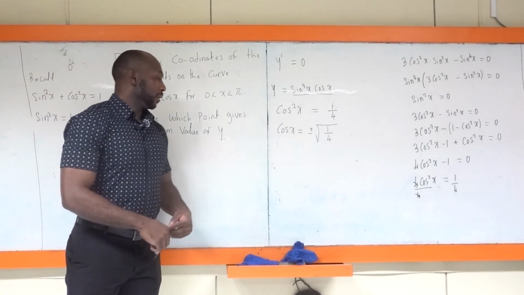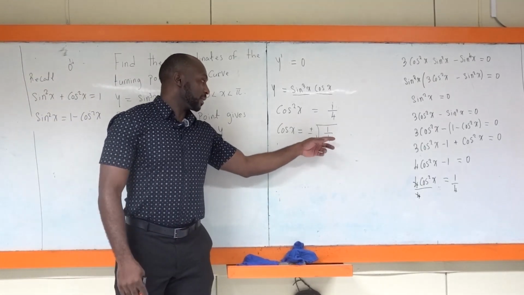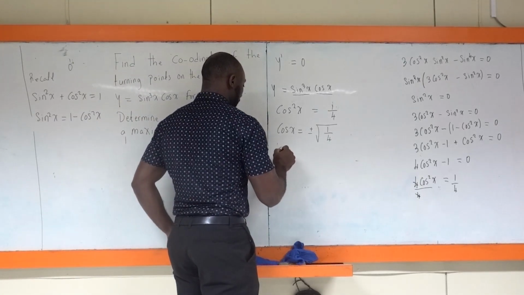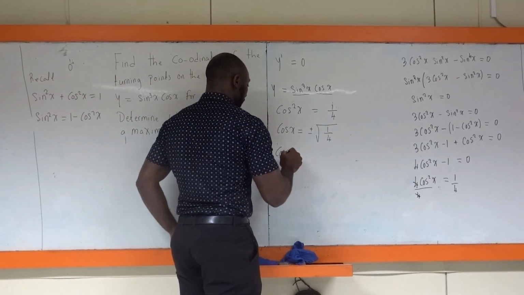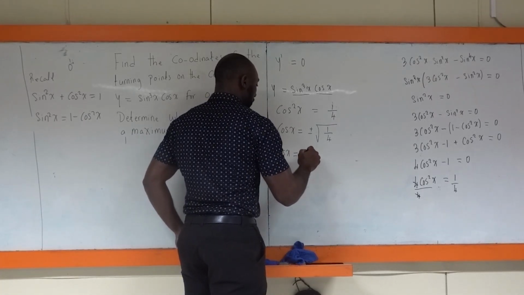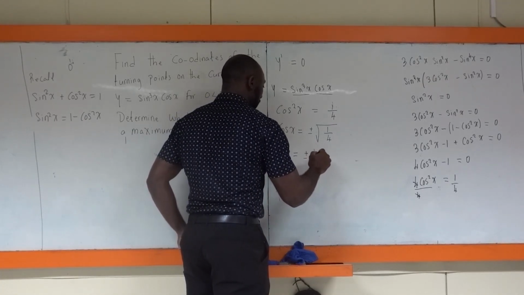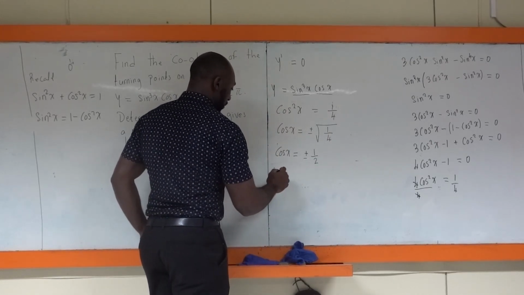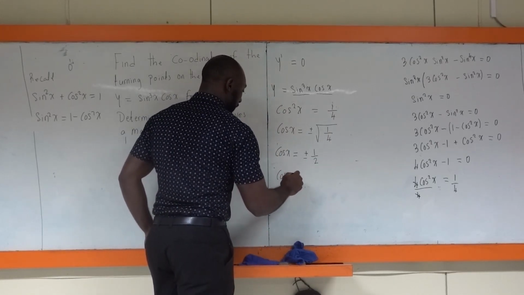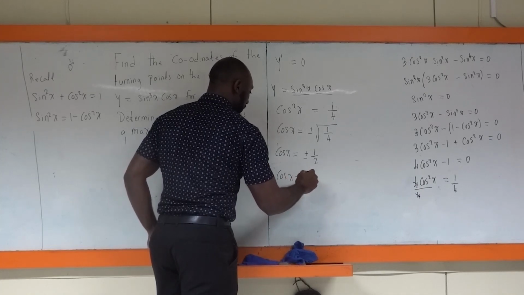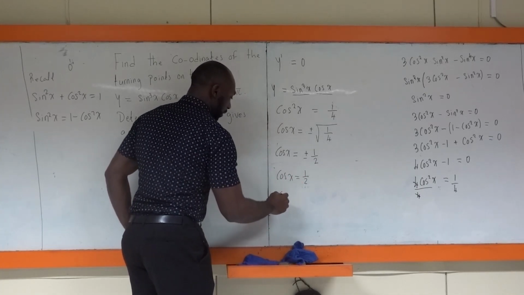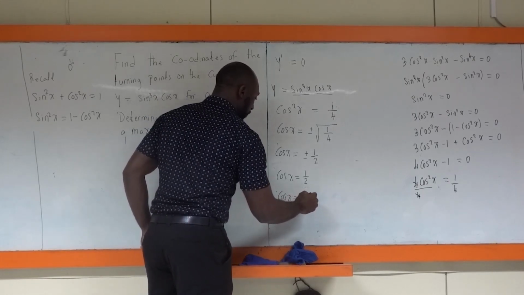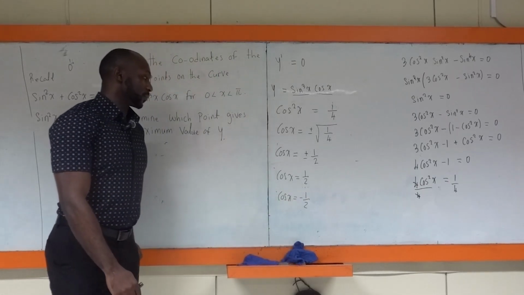So we know that square root of 1 is 1 and square root of 4 is 2. So we have cos of x equals plus or minus 1 over 2. That is, cos of x is equal to 1 over 2, and cos of x is equal to negative 1 over 2.